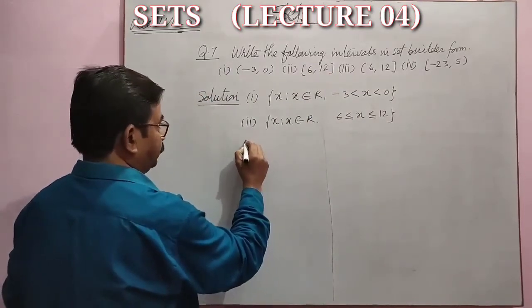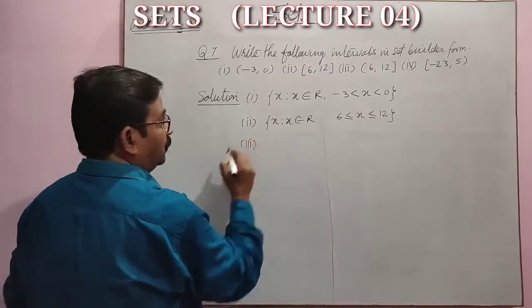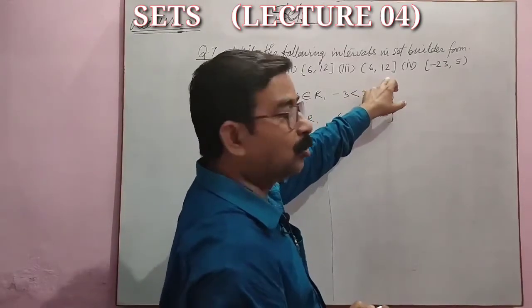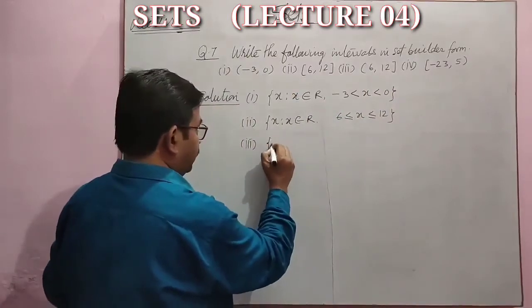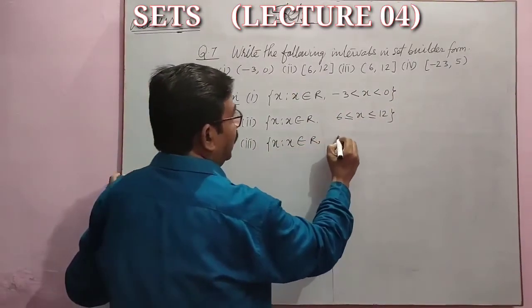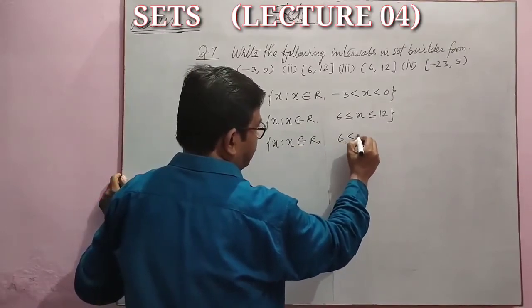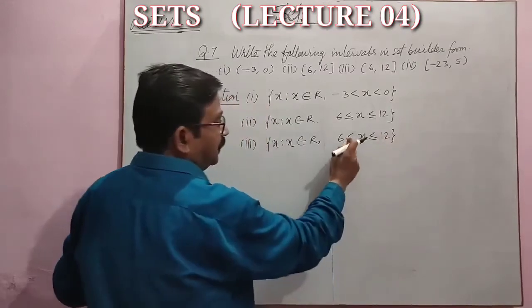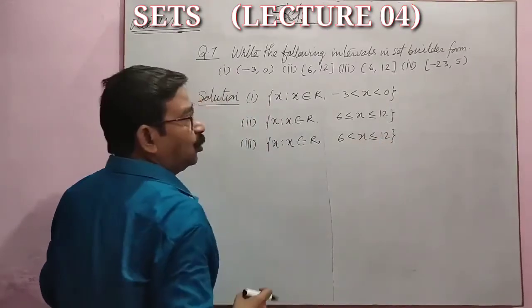Third one, see, it is open and closed. So how to write? See, x such that x belongs to R and 6 is less than x is less than or equal to 12, means this side open and this side closed.